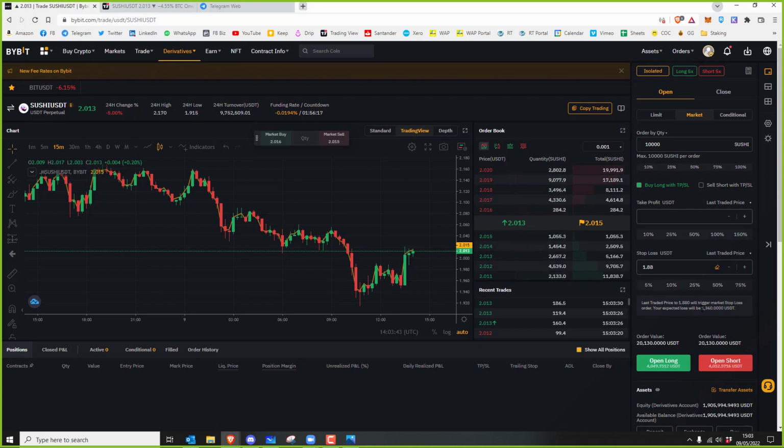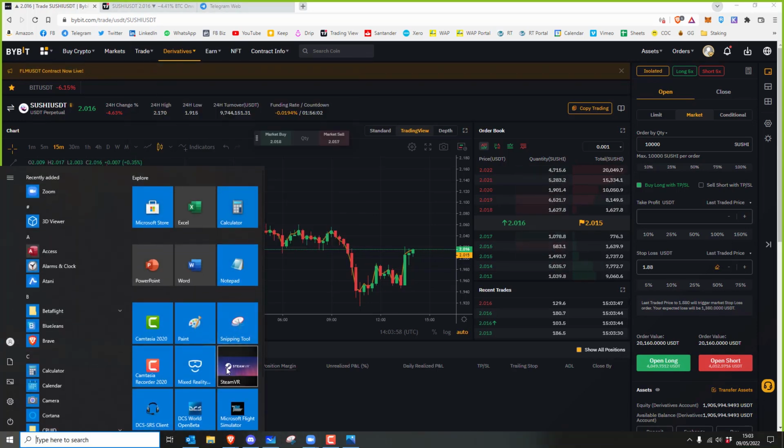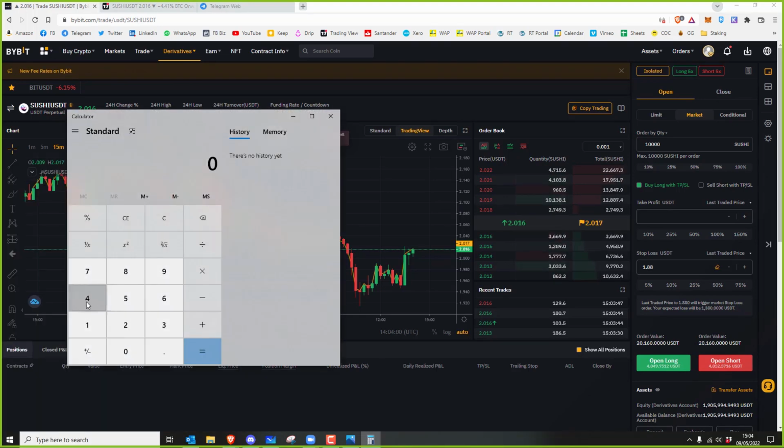So this means that I end up having to click this button like 10 times. If I'm trying to find out what 0.25% max risk is on my account, let's say I've got, for example, that times, so that's 1%, divide that by 4. So $10,000 is 0.25%.